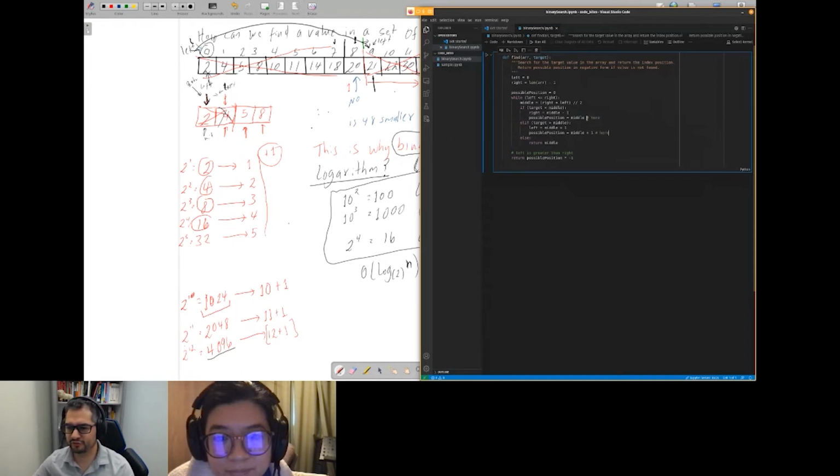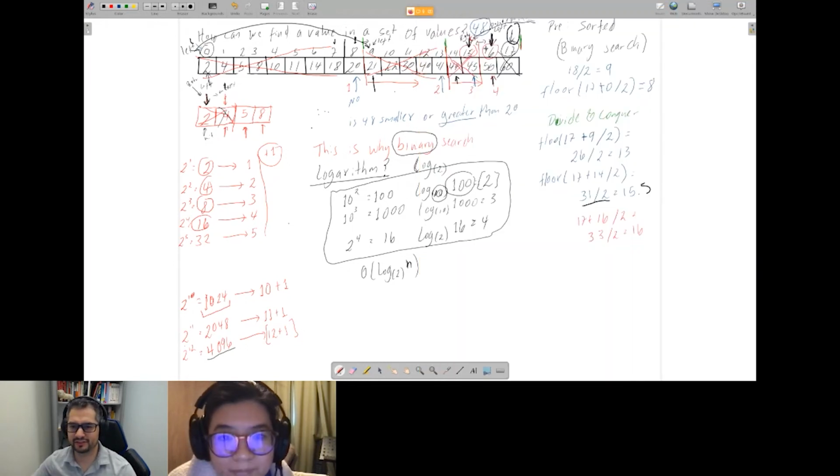I just return the middle in this case, because if I return the one before, I would be saying the value should be after this. If I return the 15th, I'm saying 48 should be after here, and after here is just 16, right?